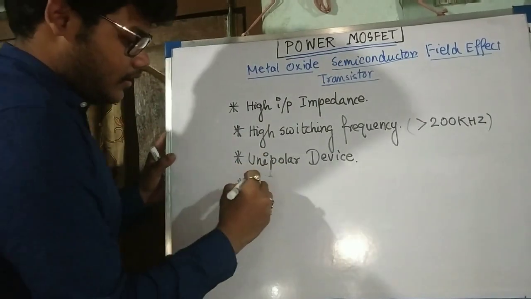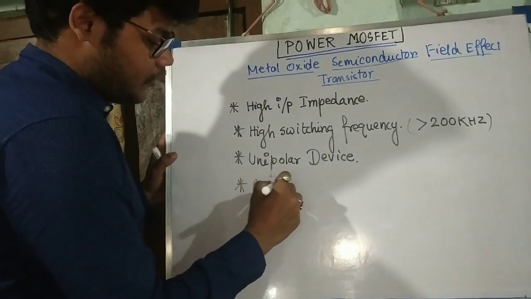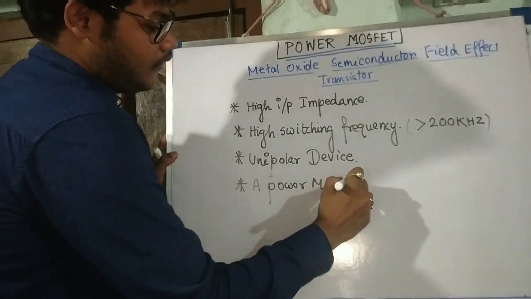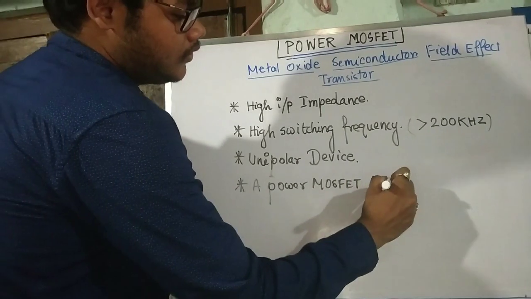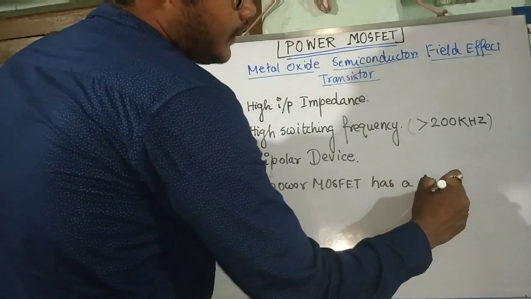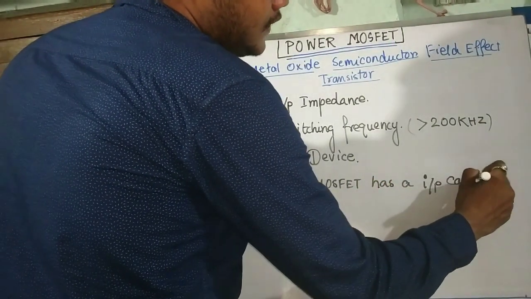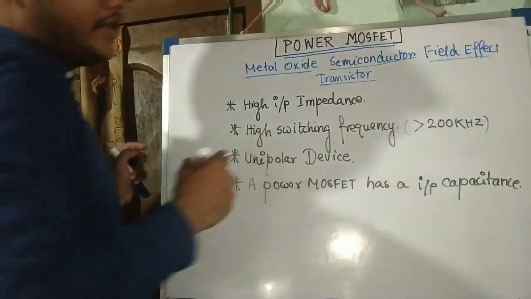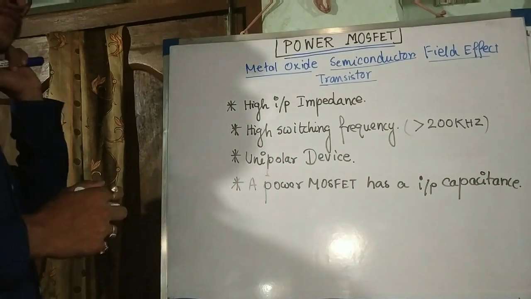Next is that a power MOSFET has an input capacitance. We will also see how a power MOSFET possesses the input capacitance property.